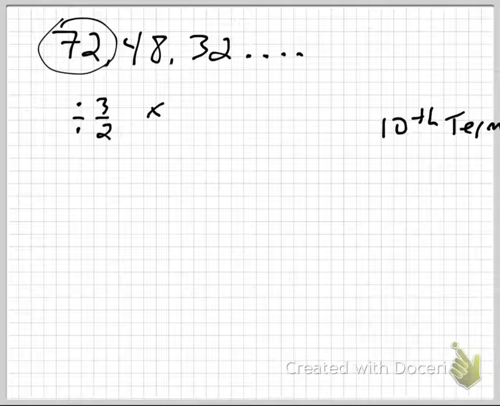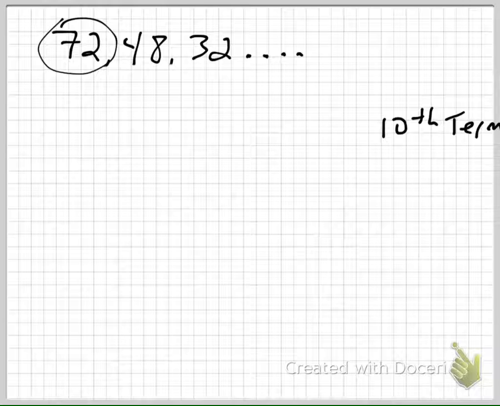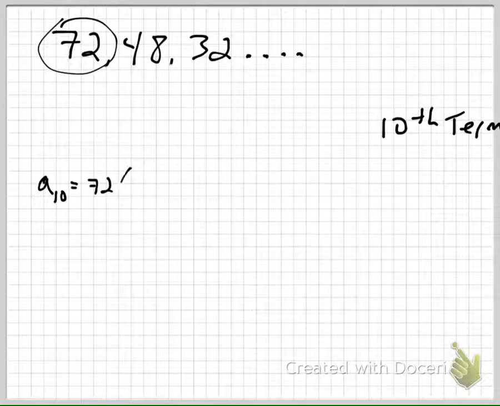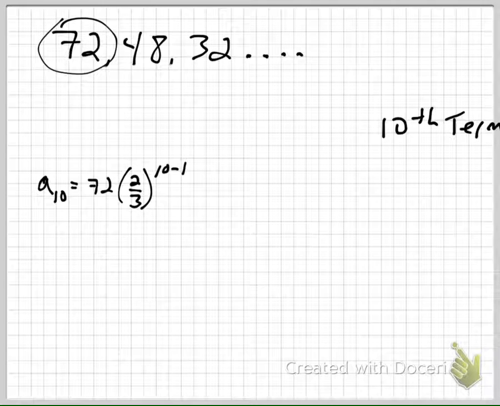Since that's the common ratio, what do we have to do then? a to the 10 equals a1 times r to the n minus 1. a1 is 72, r is 2/3, so 2/3 to the 9th power.